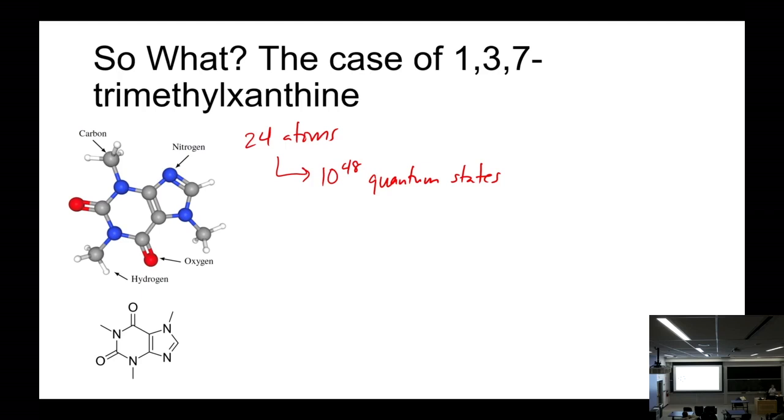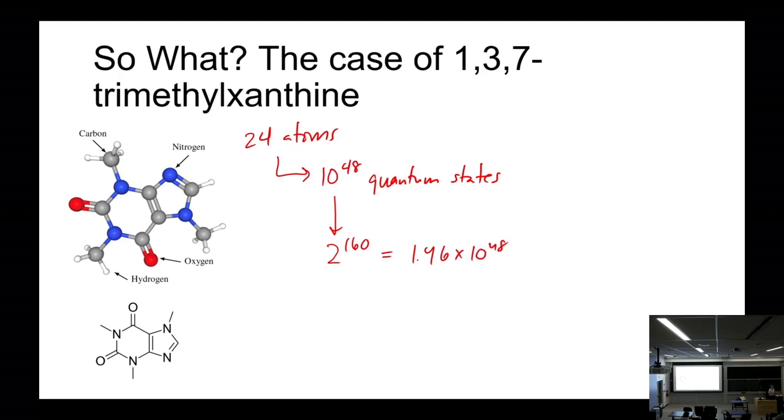And the question is, how many qubits would we need to hold the same amount of information? If we go to our 2 to the n logic, 2 to the 160 is 1.46 times 10 to the 48. So that would be good.